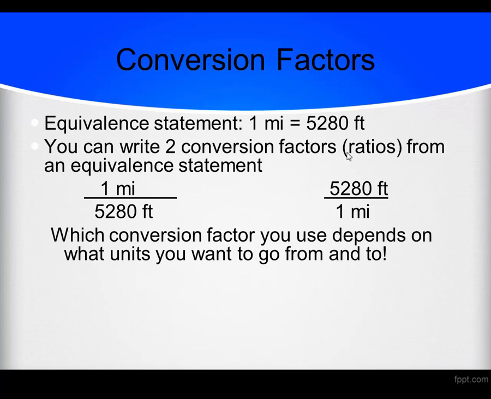We could write 2 conversion factors, 2 ratios, from that. We could say 1 mile over 5,280 feet is a ratio. We could also say it the exact opposite way: 5,280 feet over 1 mile is a ratio. So for every equivalence statement you've got, you can come up with 2 ratios.